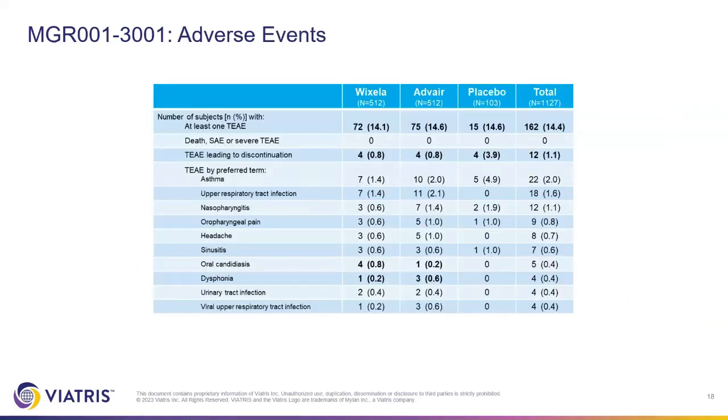We did measure adverse events, and obviously in much the way that was described earlier on, we looked at treatment discontinuations as well. And we were pleased that we saw lower numbers of treatment discontinuations in both active treatment groups versus placebo, and also the kind of local side effects that you might expect from an inhaled corticosteroid in this type of study, so oral candidiasis, dysphonia, were pretty much evenly distributed between the two actives and not present in the placebo group.